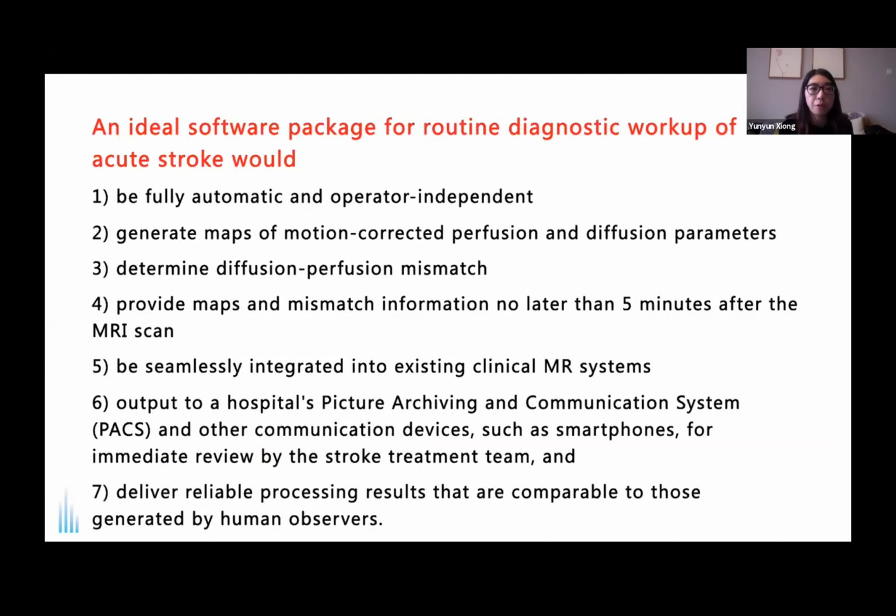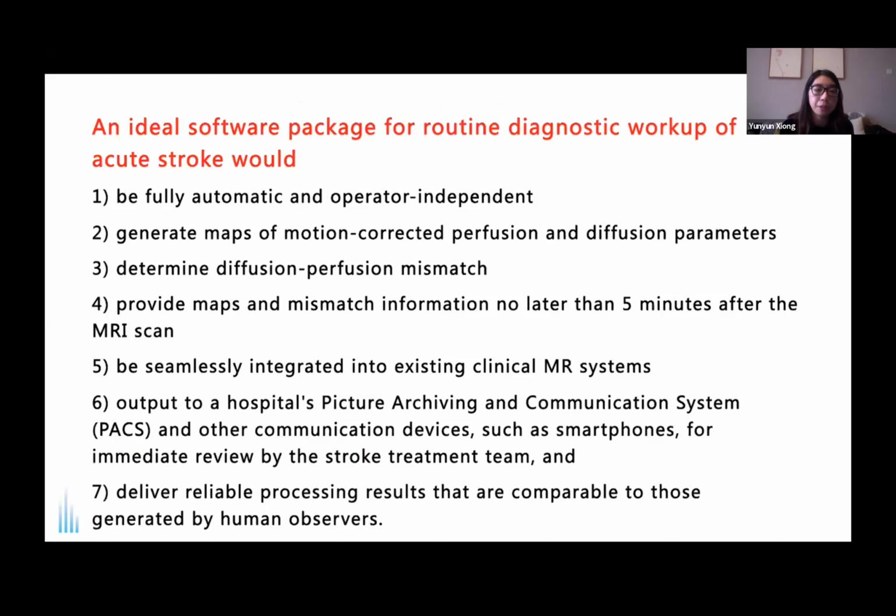Basically, if we want to develop an ideal software package for routine diagnostic workup in the acute stroke area, we would like this software to be fully automatic and operator independent. We don't need to adjust any curve or any input function of the artery.